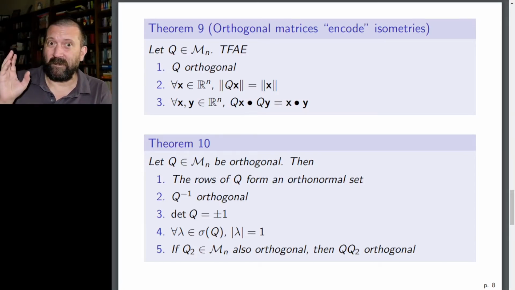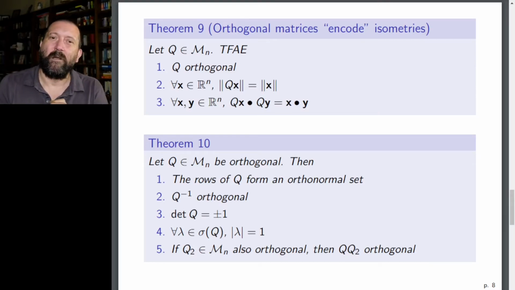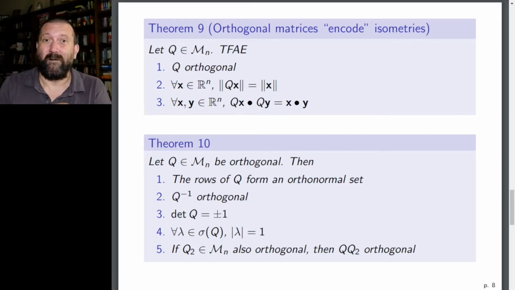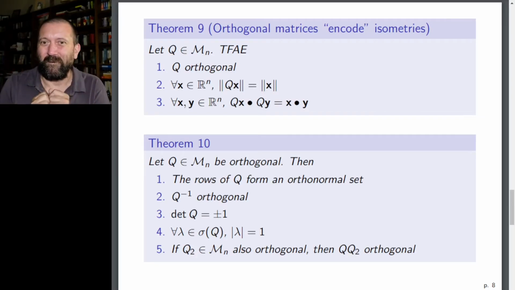Remember that the definition of the orthogonal matrix is that I have column vectors that form an orthonormal set. But if I do have an orthogonal matrix, then the rows of the matrix also form an orthonormal set. Okay, and that's quite easy to show. All these properties are easy to show. I'm actually going to show you one of them, but all of them are quite easy to show.